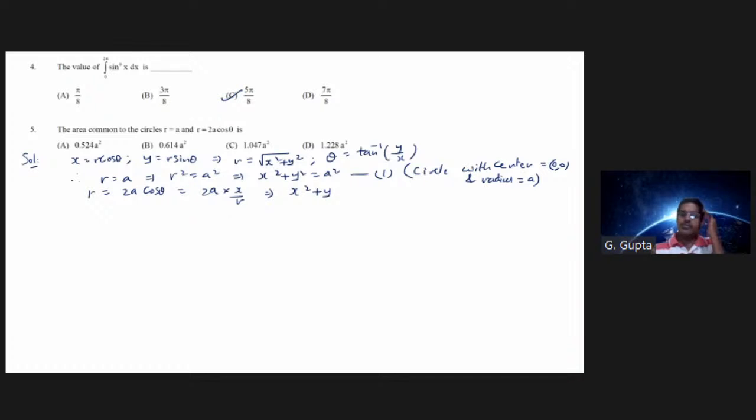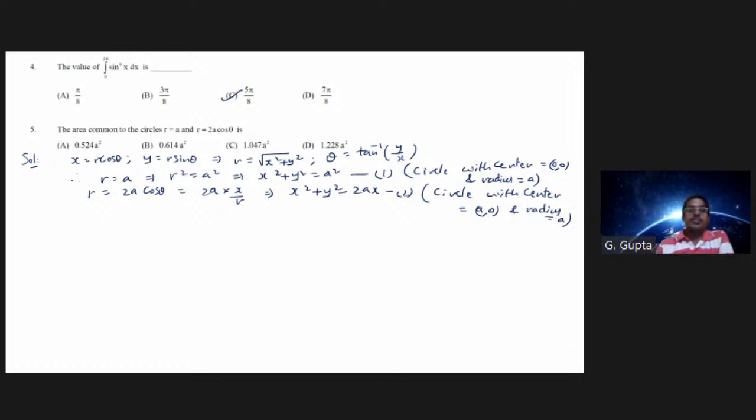R square is x square plus y square, so x square plus y square minus 2ax equals 0. Again, this is also already given in Cartesian coordinates: circle having center minus g comma minus f, according to 12th standard circles procedure. So center at (a, 0) and radius root over g square plus f square minus c.